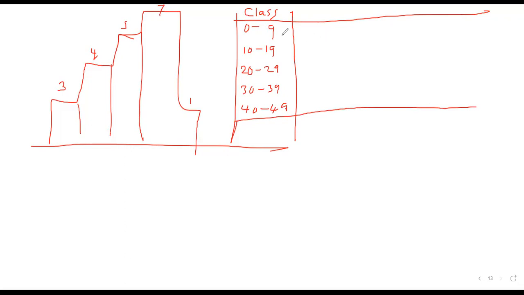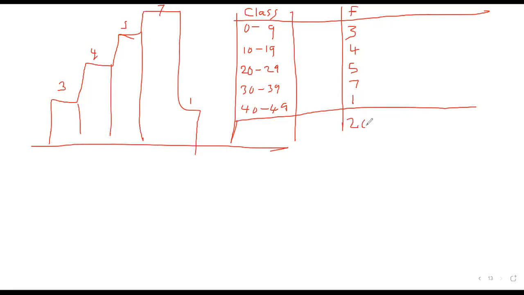Then we go to frequency. 0 to 9, we had 3. 10 to 19, we had 4. Then here we had 5, we had 7, we had 1. The total was coming to what? 20.